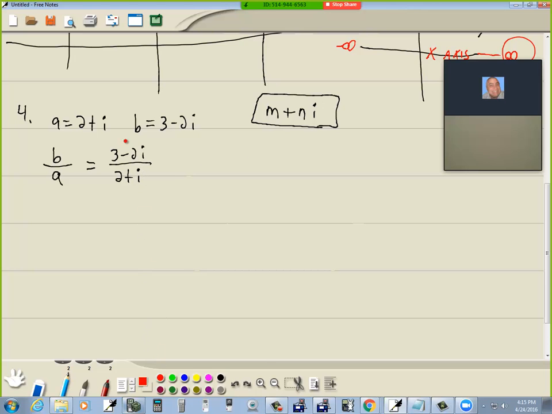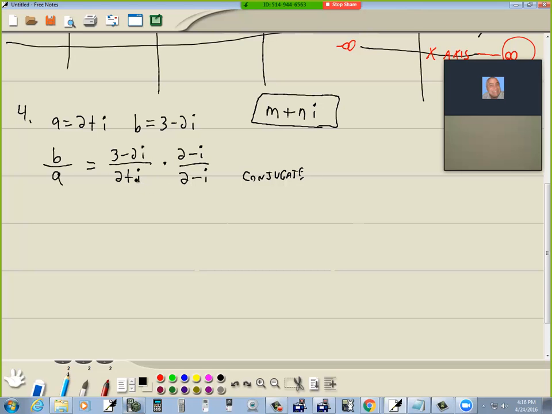If you got two items in your denominator, and at least one of them is an i, then how you simplify that is you multiply the top and bottom by the conjugate of the bottom. So you're going to multiply the top and bottom by the 2 minus i. Now what I mean by the conjugate means the first part's the same, 2 and 2.